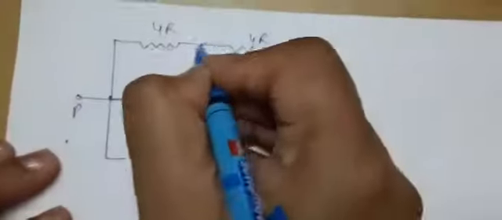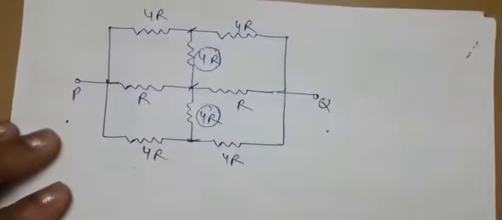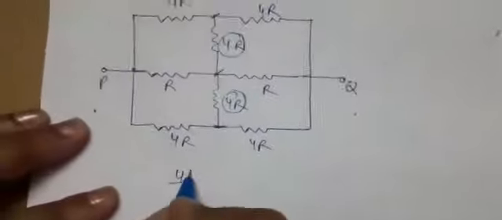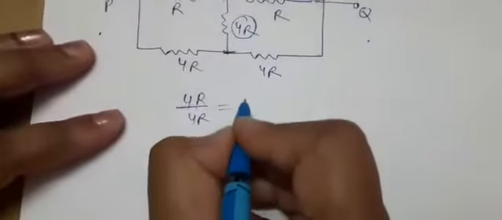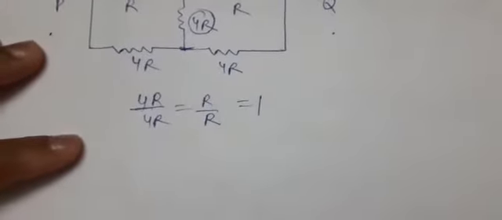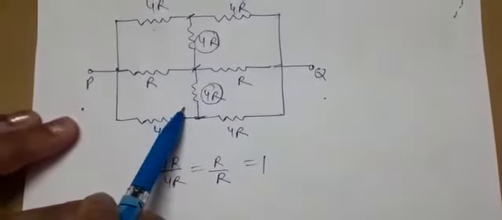Here these two resistances 4R and 4R will not contribute. Why? Because it is satisfying the condition, that is 4R upon 4R equal to R upon R. This is equal to 1. P upon Q equal to R upon S, the condition is satisfied. So no current will flow through these two central resistances.